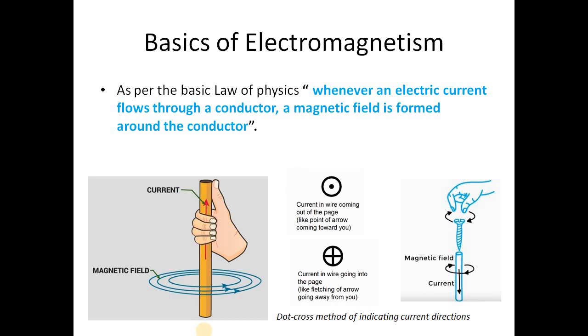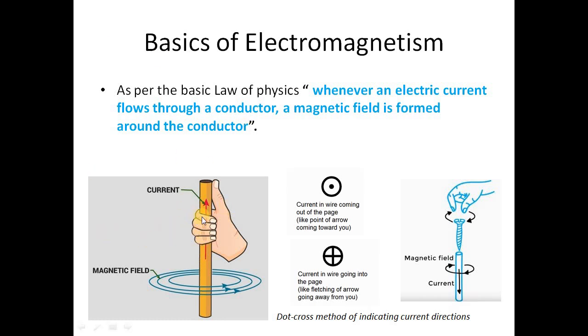As per this law, whenever current flows through a conductor, a magnetic field will be created surrounding the conductor. And the direction of the current and the direction of the magnetic field can be identified easily by the right hand thumb grip rule.